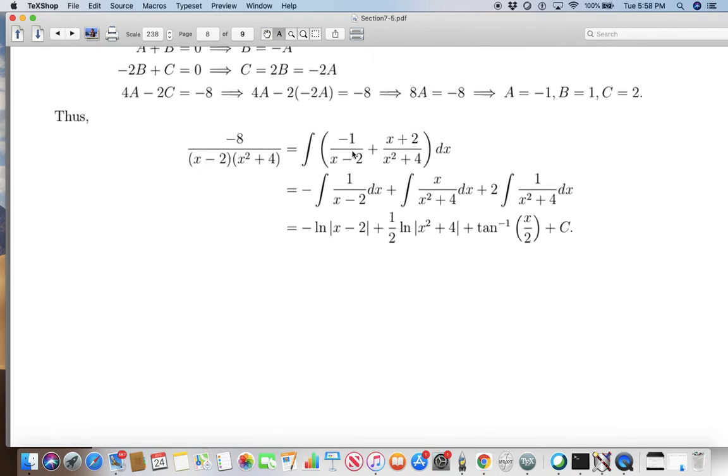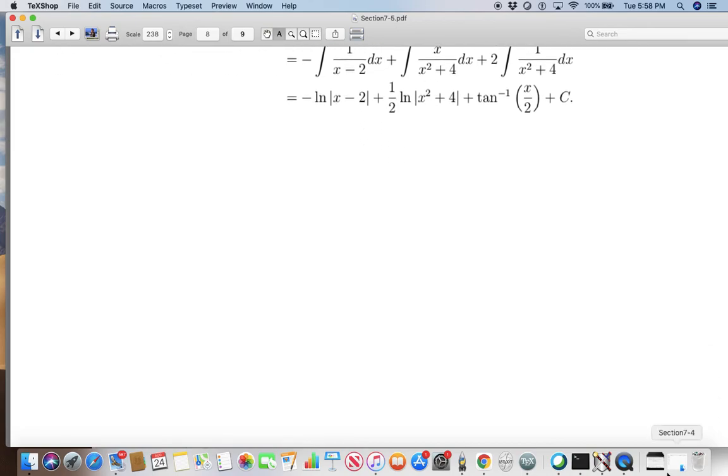When you plug it in, this gives me natural log. This is x plus 2, so I need to split it: x over x squared plus 4, 2 over x squared plus 4, right? So this gives me arctan. This is substitution, u and du, you see? So that gives me natural log.